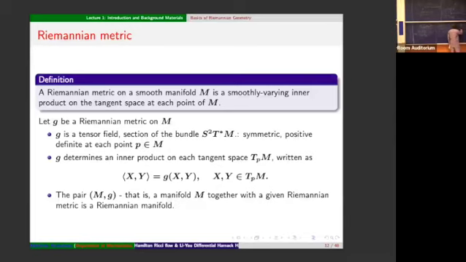You have a smooth manifold, then you put a Riemannian metric. The pair is a Riemannian manifold. So we are going to be talking about Riemannian manifolds. All our discussion is on Riemannian manifolds.